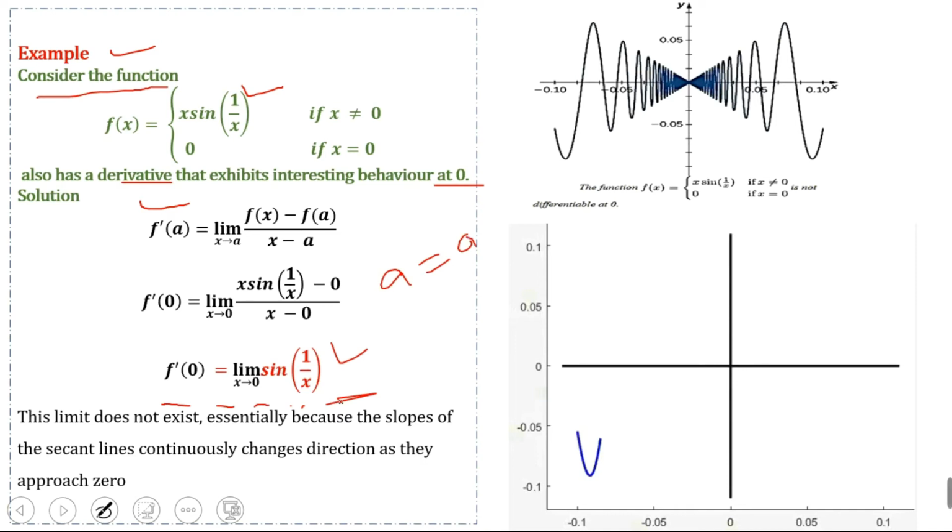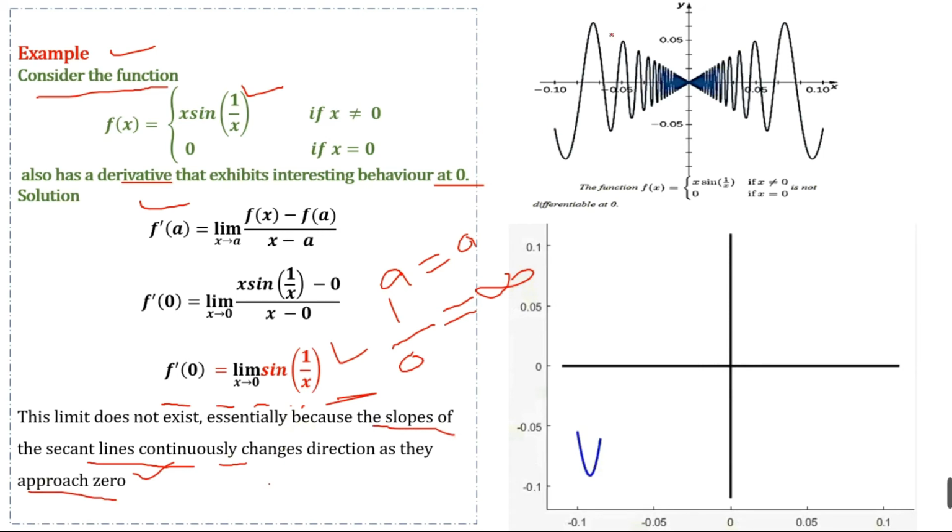This limit does not exist, essentially because the slope of the secant line continuously changes direction as x approaches 0. We see the behavior of the slope of the secant line as x approaches 0 with the help of a graph.